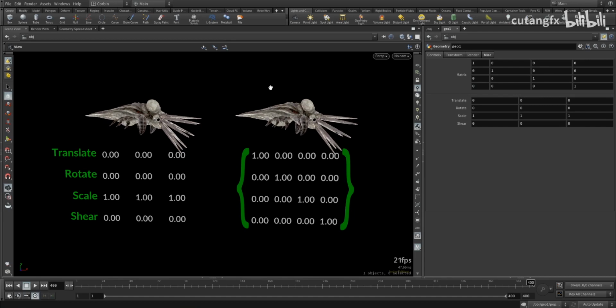So I've got a matrix which is going to alter our left-hand squid, but underneath it is the translate, rotate, scale, and shear values from this. So it's the conversion of this matrix into these numbers. Okay, so as we alter this matrix, we'll see what happens to these numbers and what happens to our squid. And then the guy on the right is controlled by these. So these are what we're used to seeing: translate, rotate, scale, and shear.